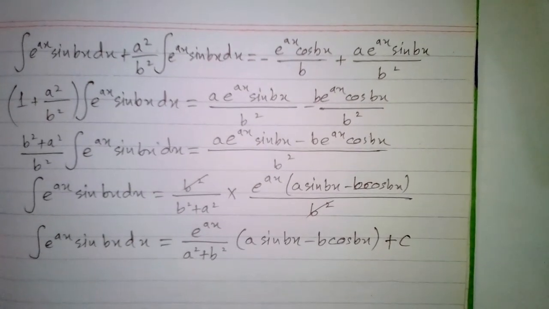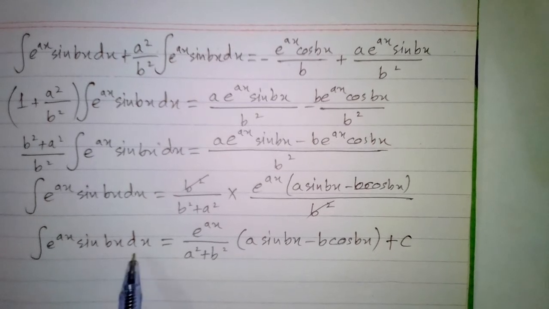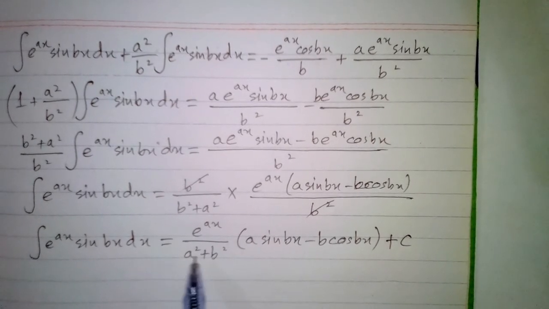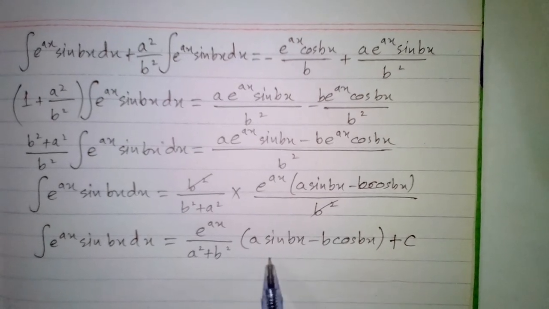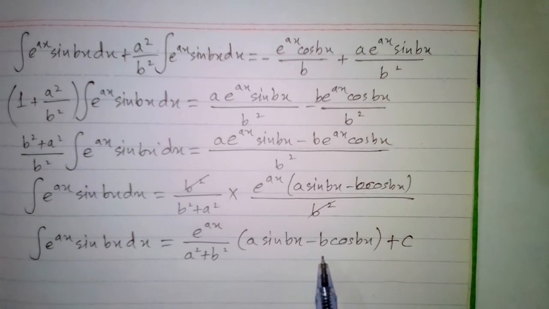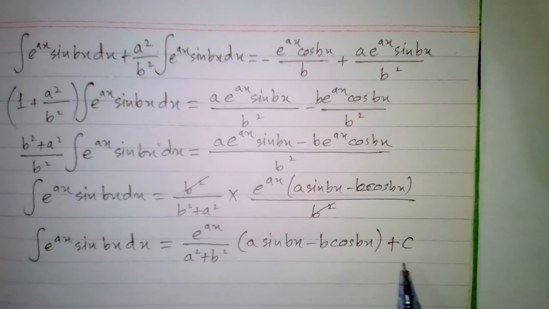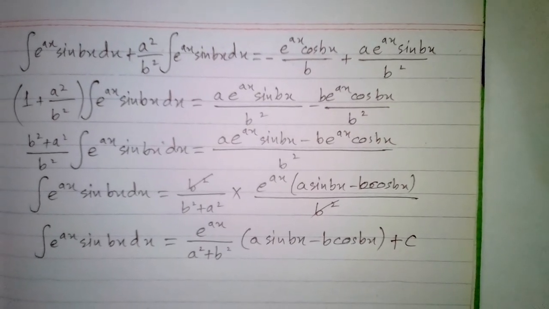So the integral of e to the power ax sine bx with respect to x is equal to e to the power ax upon a square plus b square multiplied by a times sine bx minus b times cos bx plus c, where c is the constant of integration.